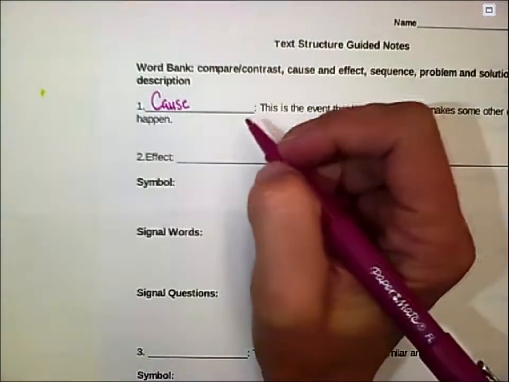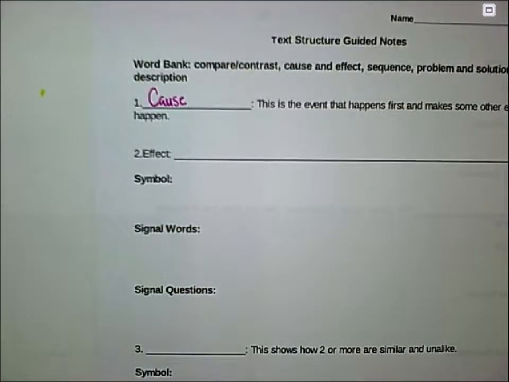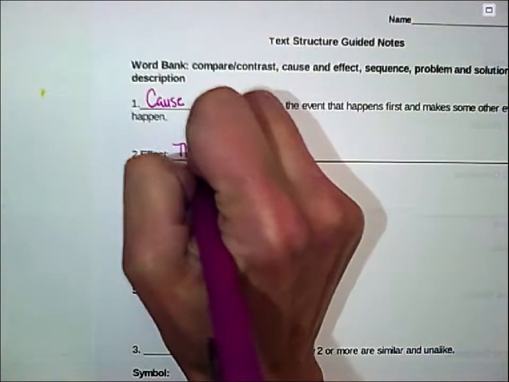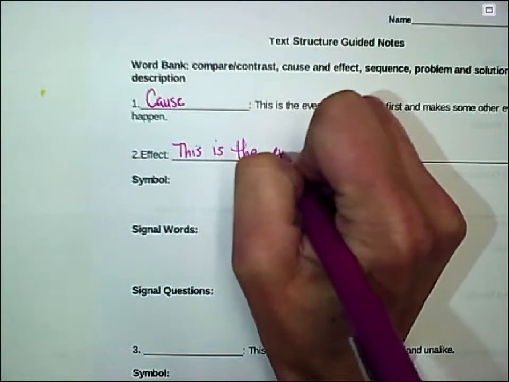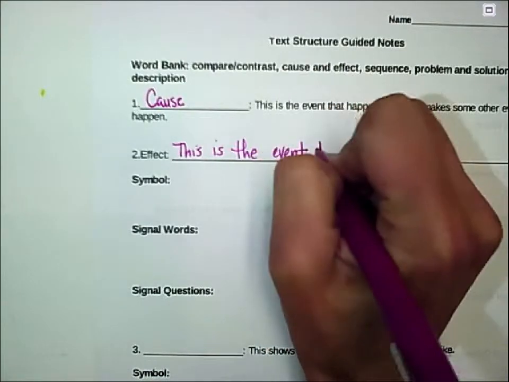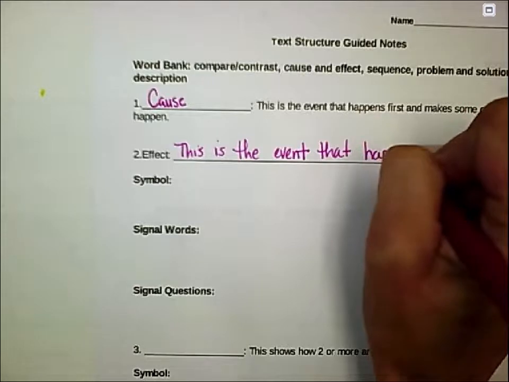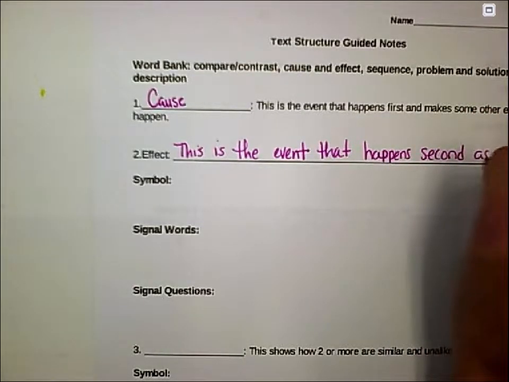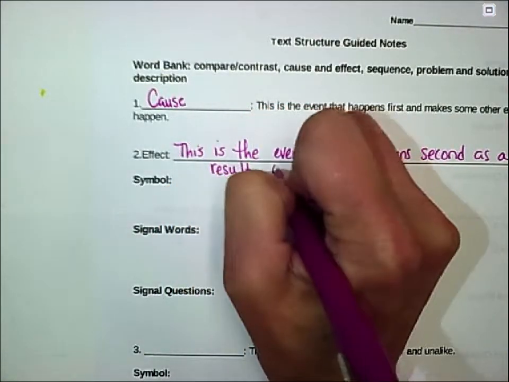So the effect is the event that happens second as a result of the first event.